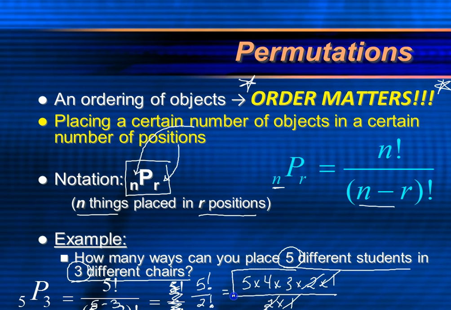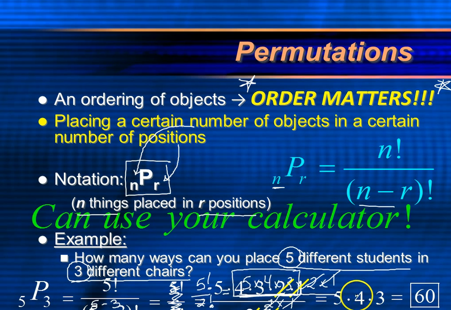So the only thing I'm left with is 5 times 4 times 3. And that's going to happen when you do your permutations. Those commons are going to cancel, leaving you with what you have left, 5 times 4 times 3. So for this example, 5 times 4 times 3 is all we have left, which gives us an answer of 60 permutations.